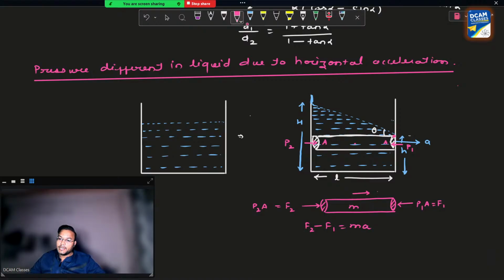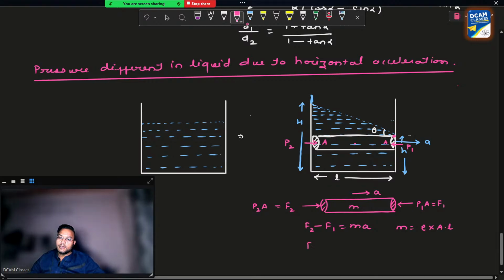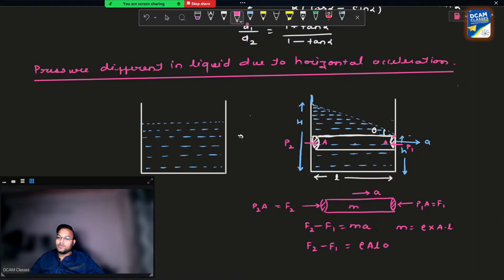It's accelerating. And mass I can write as density into volume, rho into A into L of this container. So F2 minus F1 is equal to rho A L into a.